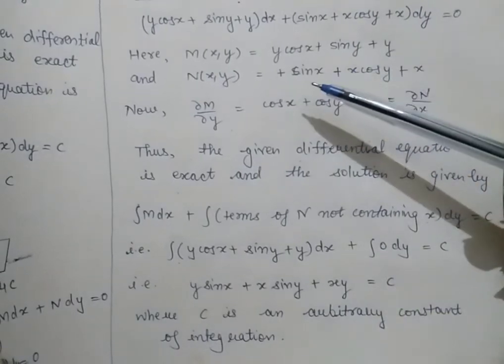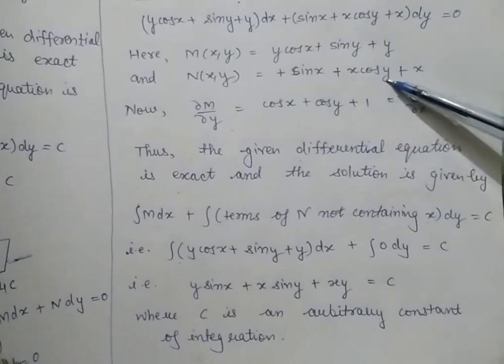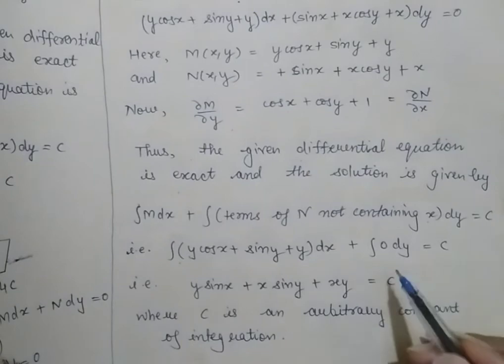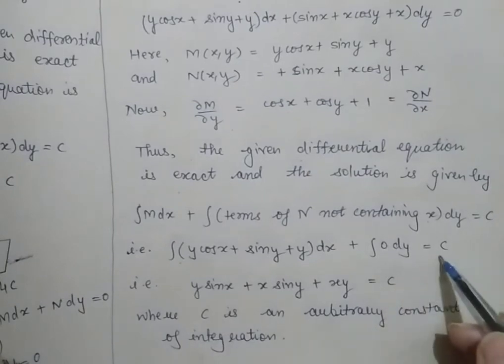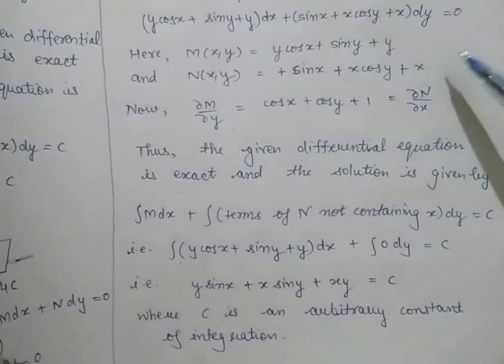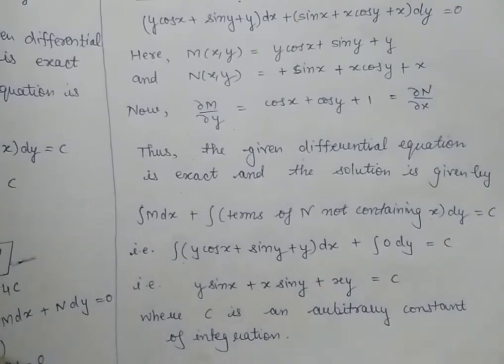Our N is sin x plus x cos y plus x. Every term contains x. So here 0 dy. This is equal to c because we need terms of N not containing x, but every term contains x. So we cannot take those terms.